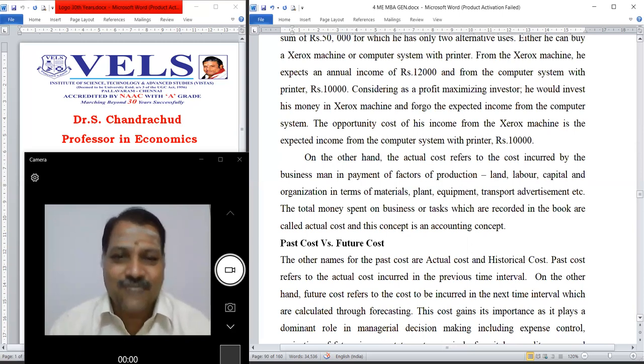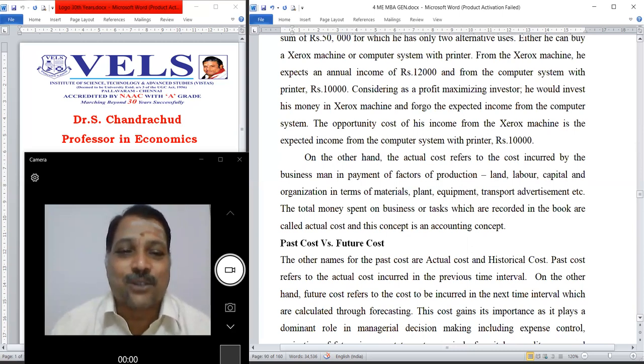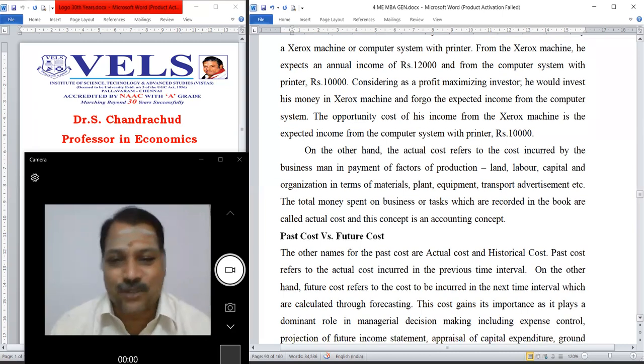I will repeat again. The opportunity cost of the income of the Xerox machine is the expected income from the computer system with printer, rupees 10,000. Why? Because he chose the alternative to buy the Xerox machine, not the computer. So the second best alternative cost is called opportunity cost. The actual spend is the actual cost.